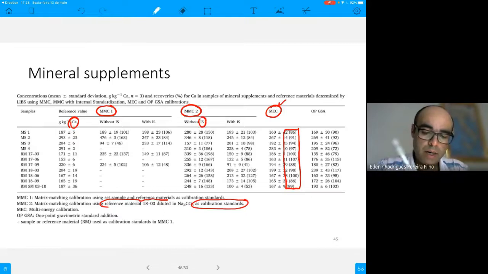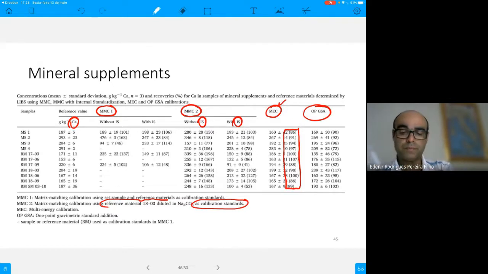And we also tested internal standard in order to improve the calibration process. We also tested another strategy, that is one-point gravimetric standard addition, and the recoveries varied from 82 up to 115%.